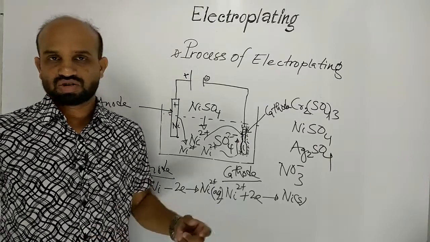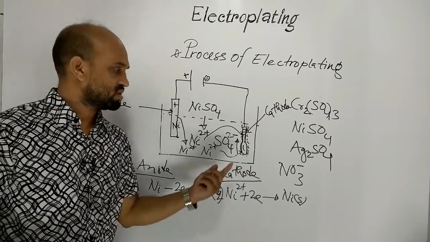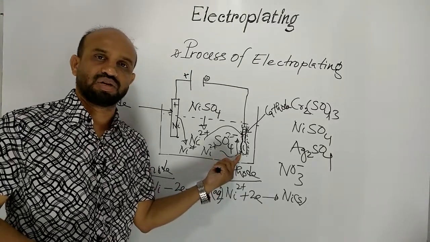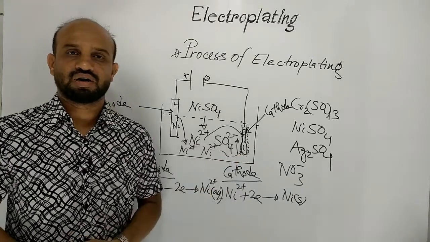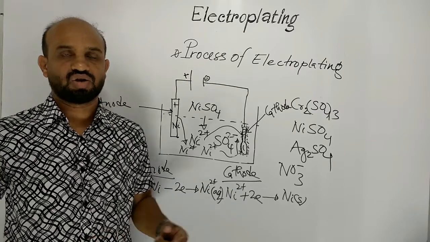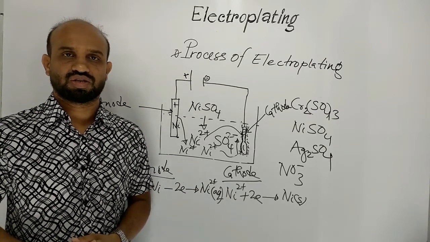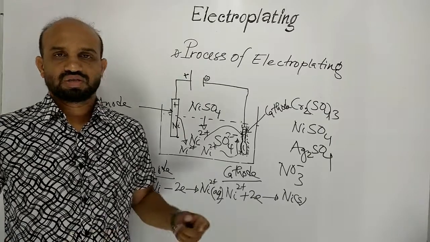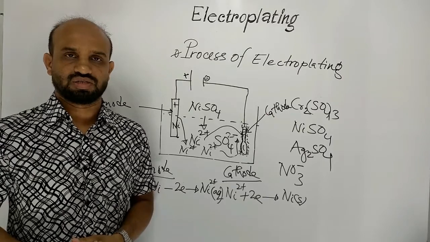So, electroplating is defined as the process of making a layer of less reactive metal over the article of reactive metal, which is carried out through electrolysis process. So, this is the process of electroplating through electrolysis.